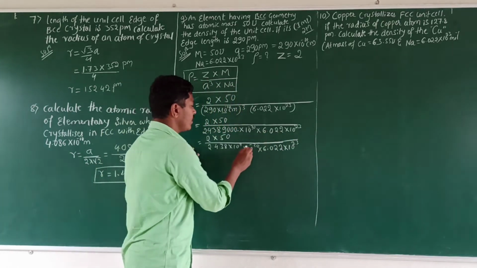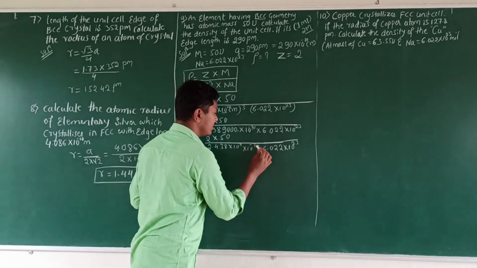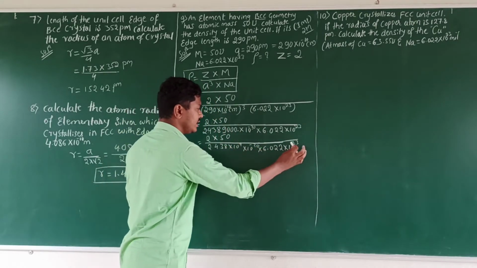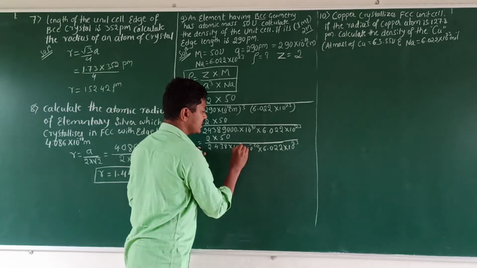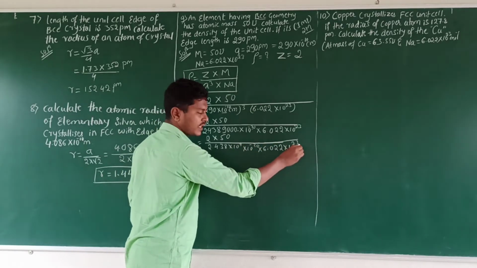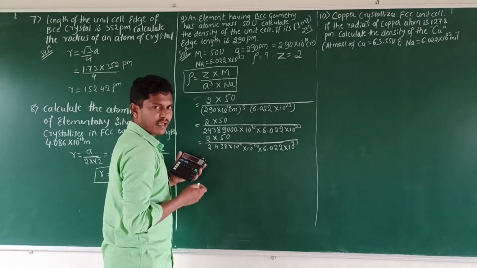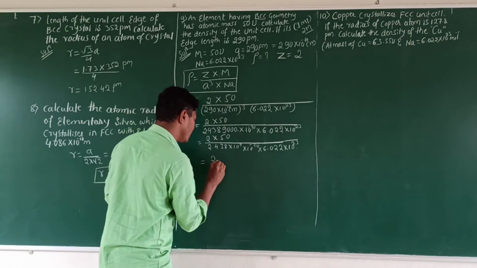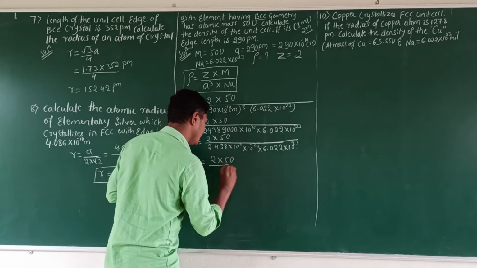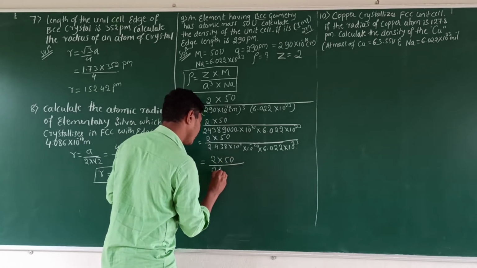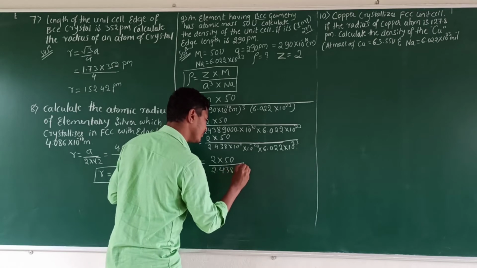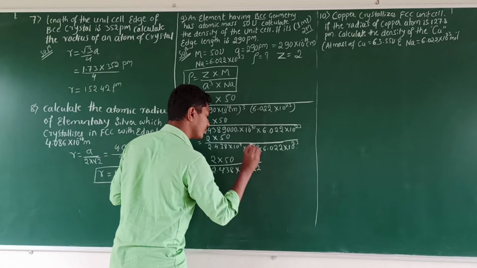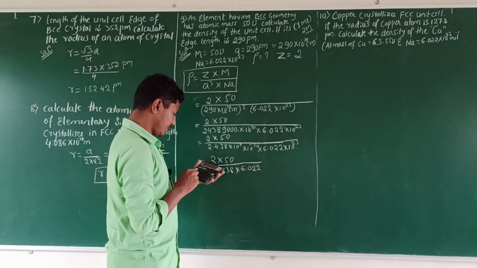Then see here, this 30 get cancelled, 10 to the power 7 plus 23 is 30, this 30 get cancelled. Then we are getting simply 2 into 50 divided by 2.438 into 6.022.